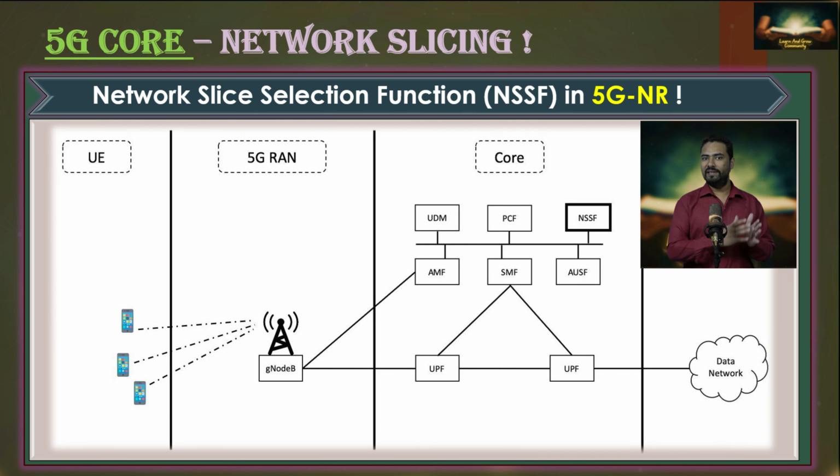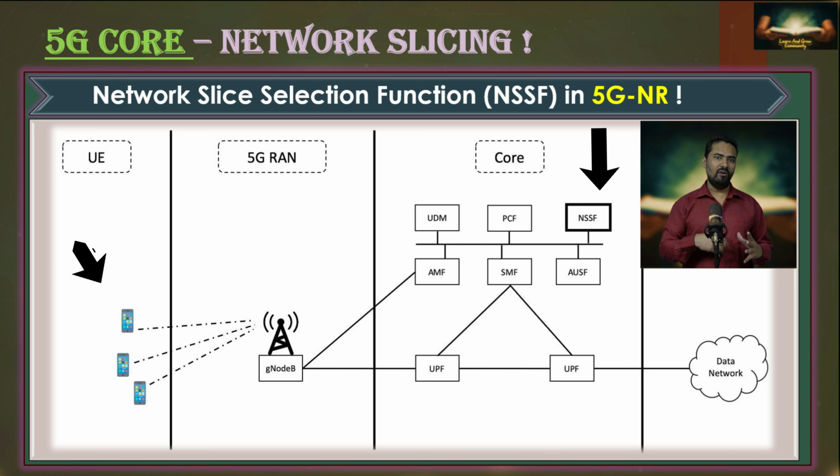Now let's see how these network slices are managed. First, in the core network, there is a specific function for this called the NSSF, or Network Slice Selection Function. This NSSF maintains a list of network slice instances defined by the operators, and it also maintains their resource requirements, which are also defined by the operator.